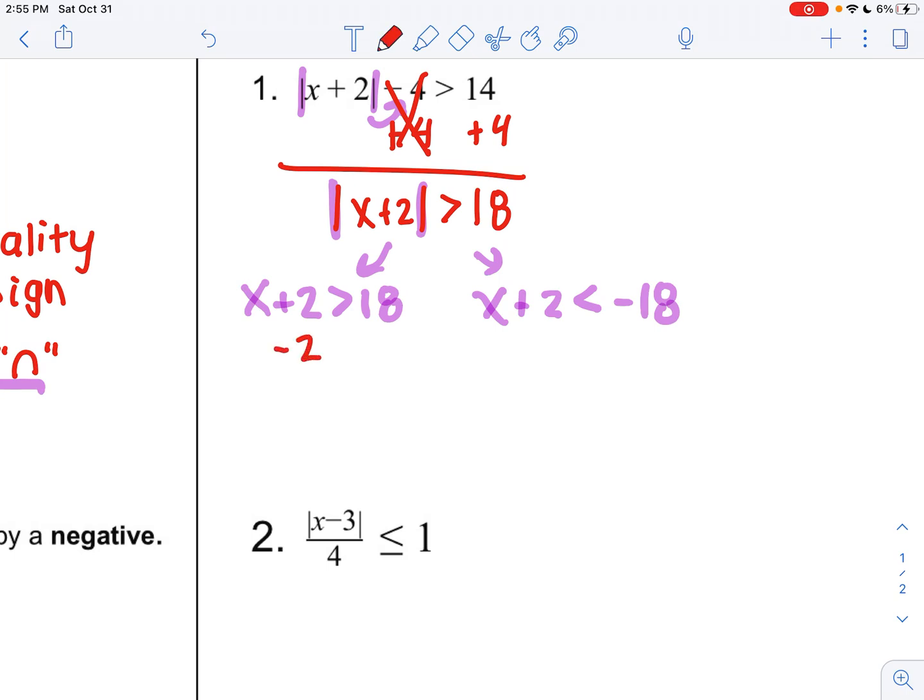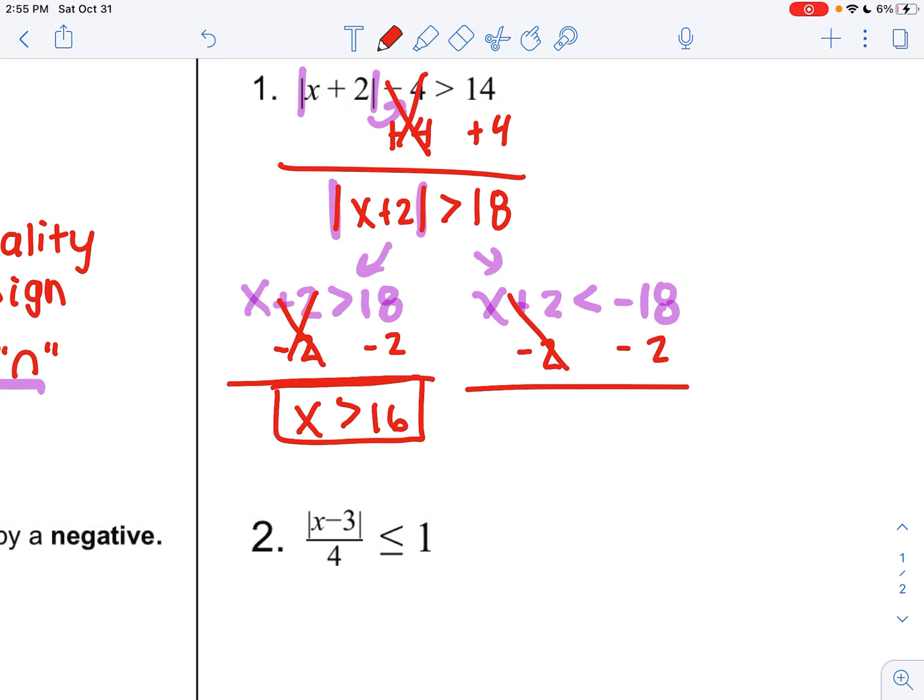And then we're going to solve for x. So subtract 2. And then x is greater than 16. That's one of my answers. Subtract 2. Cross this off, and x is less than negative 20.